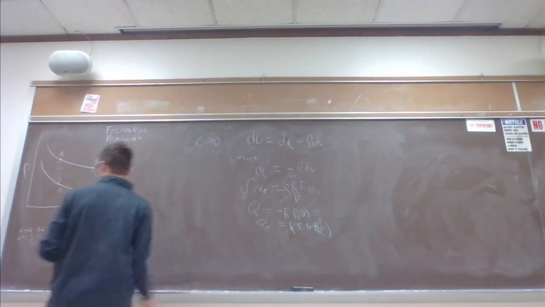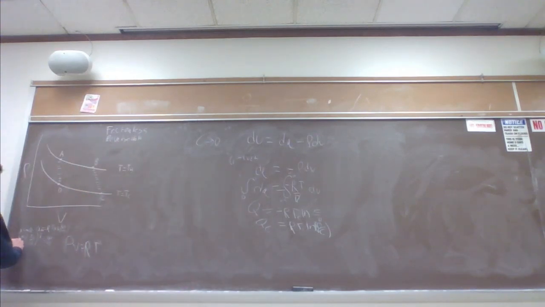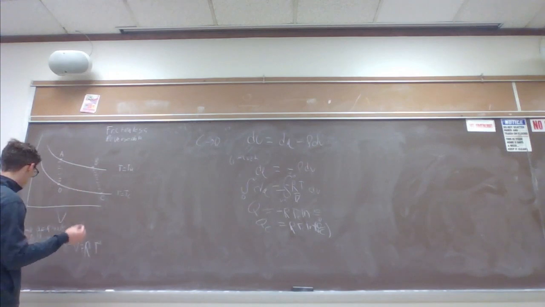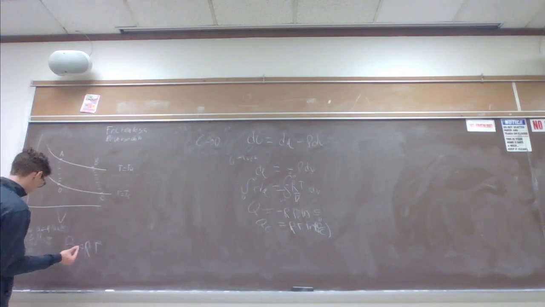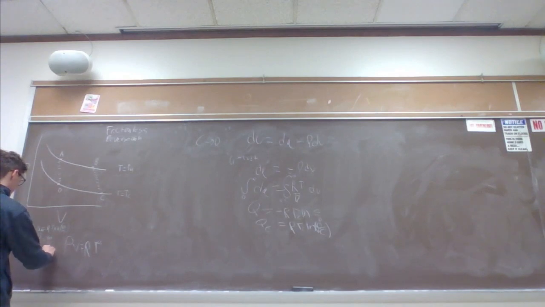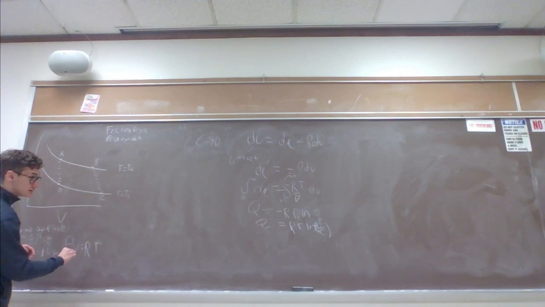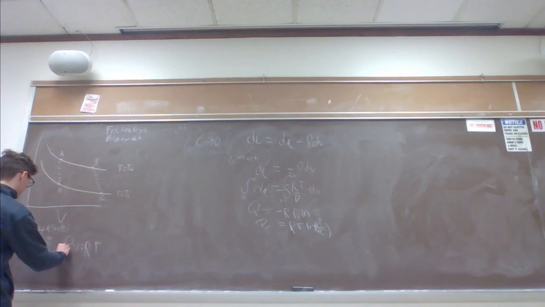So we would have QC, going C to D, and I know you can't read this, but I'm just, again, writing this down, so when we start going into the more algebraic steps, it's all right here so I can look back to it. So QC equals R TC, then to the ln of VD over VC.